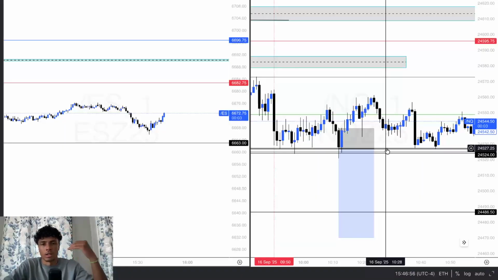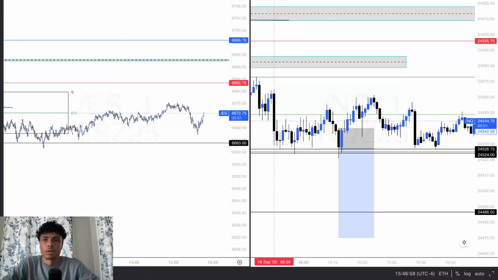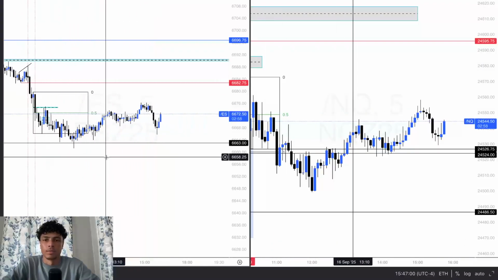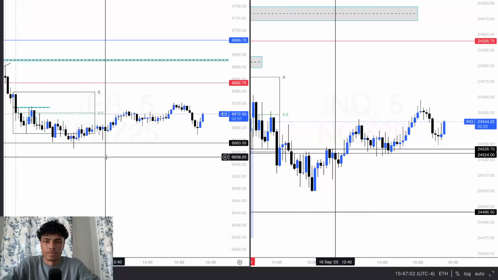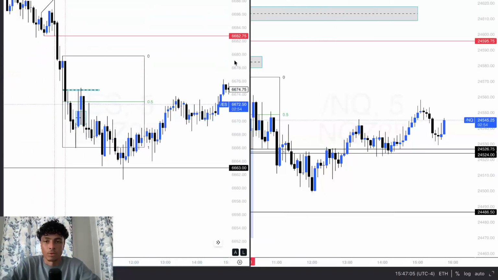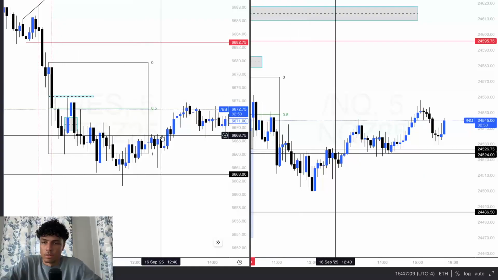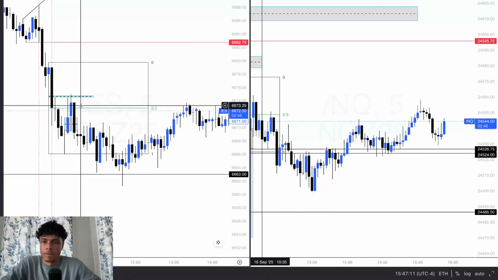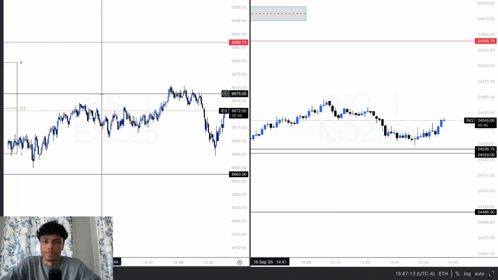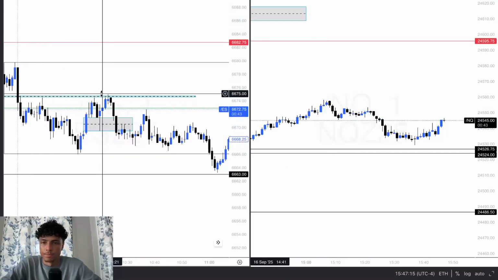But on ES, it had a purpose to fill equilibrium and fair value gap. And as always, you can see right here, if I was aware, as you can see, it filled this fair value gap, filled the equilibrium, I would have scaled on the 1 minute, right?